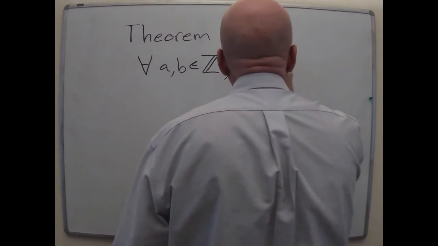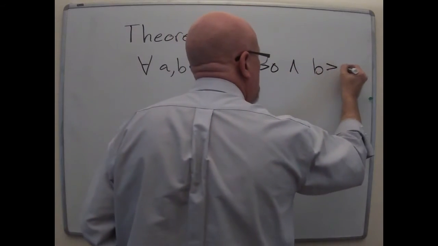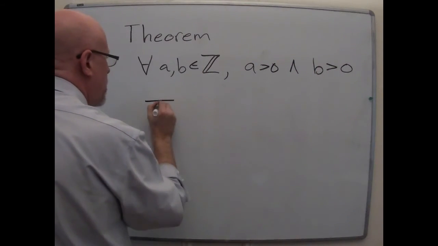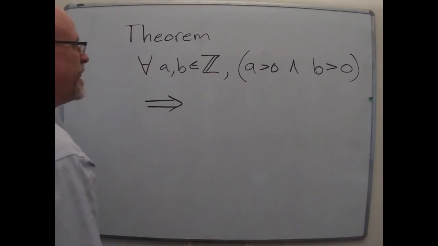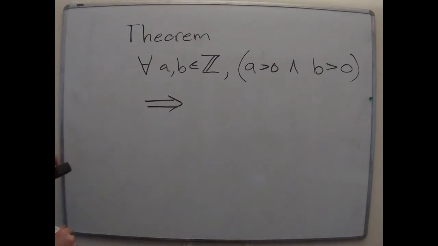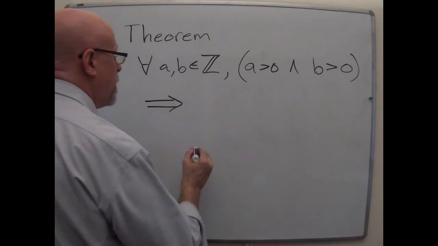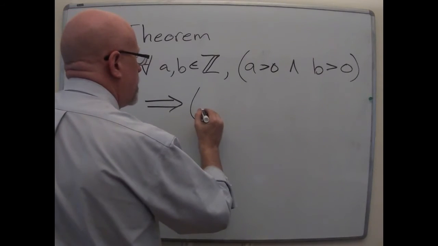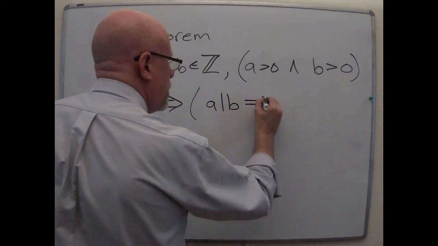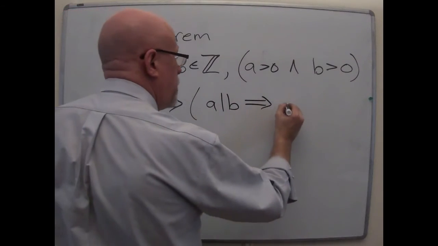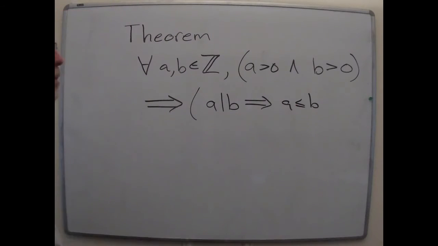If A is bigger than 0 and B is bigger than 0, that implies, and I want to parenthesize that, it's unnecessary, but it looks better, that if A divides into B, then A is smaller than B, or at least less than or equal.